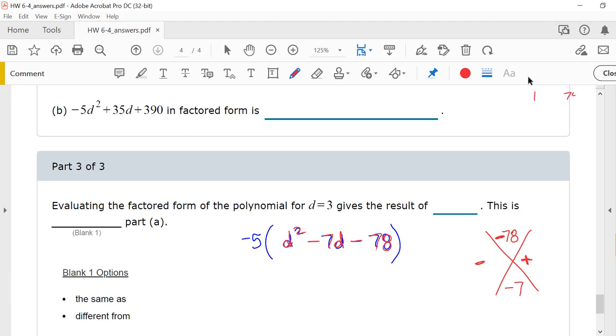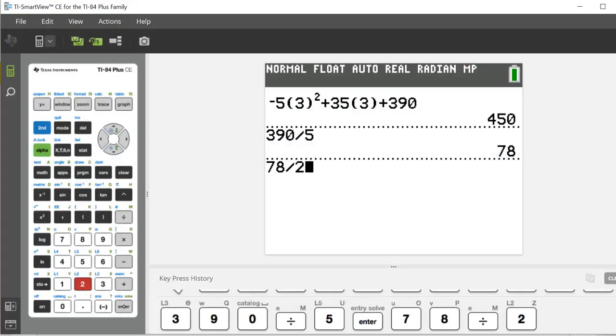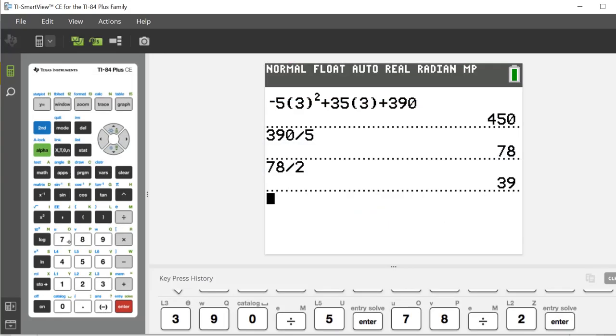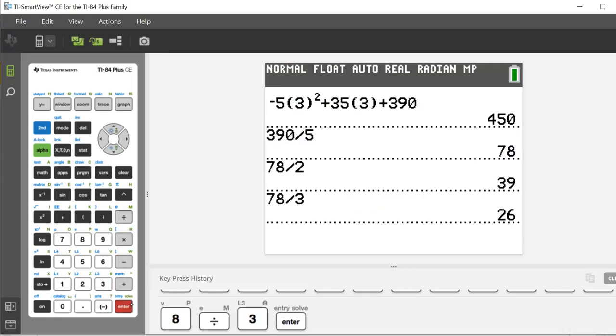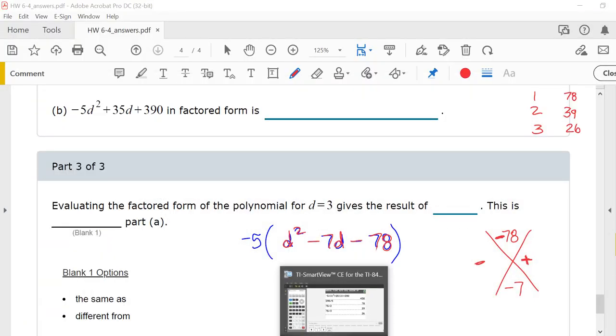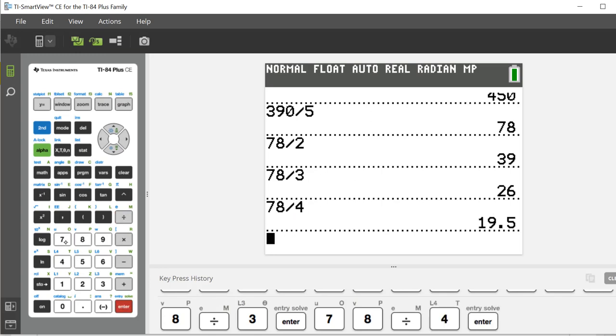Factors of 78: 1 and 78, 2 and 39, 3 and 26. Will 4 go into it? Nope. 5 won't go into it.